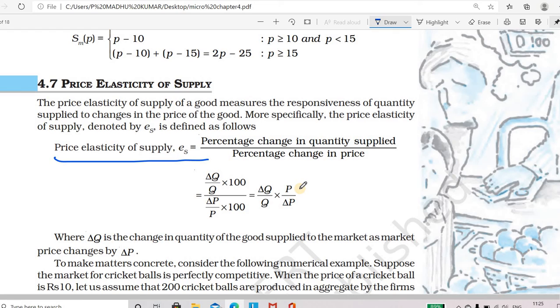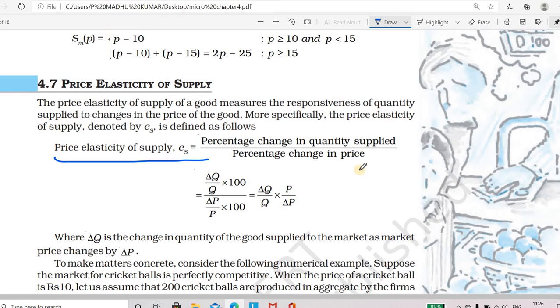Already we studied delta means change. When price was 5, that time quantity was 5. When price increased to 7, that time quantity increased to 10. Then what is the quantity change? Earlier quantity was 5, now it increased to 10, so the change in quantity is 5.